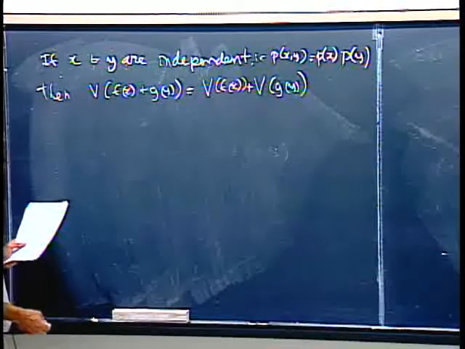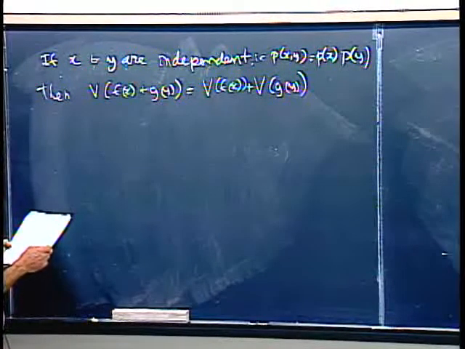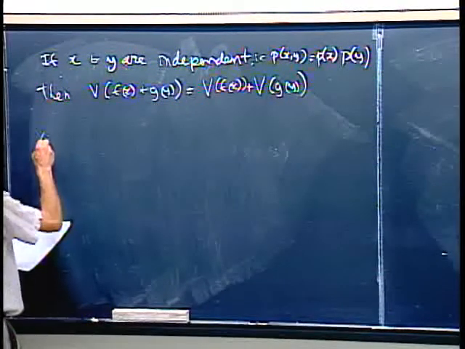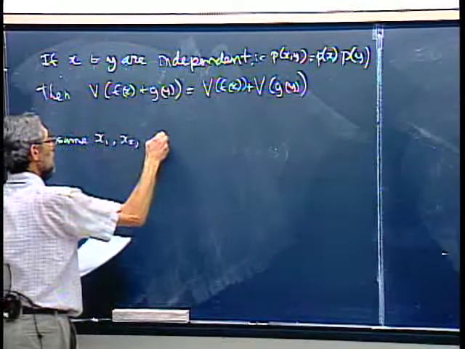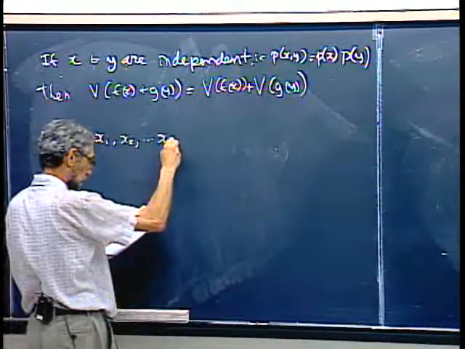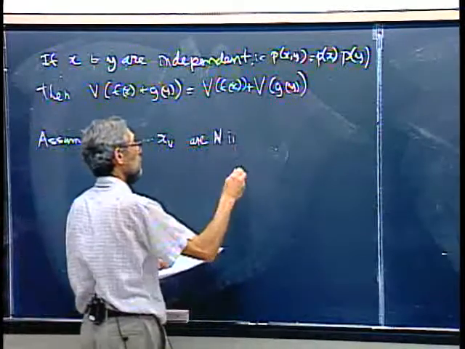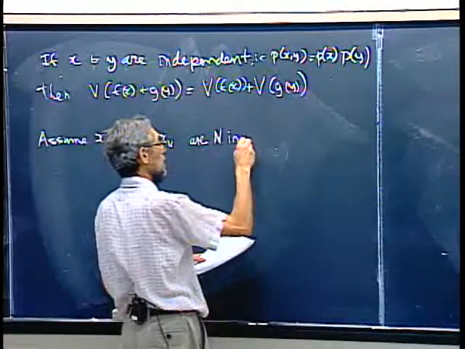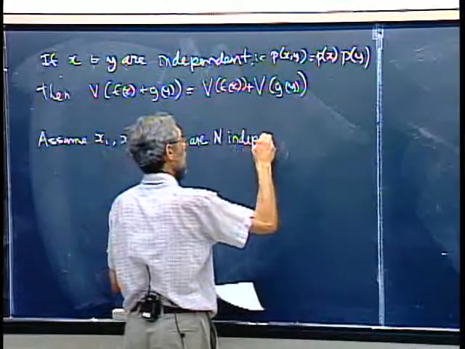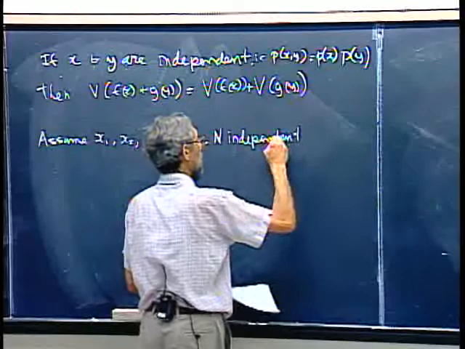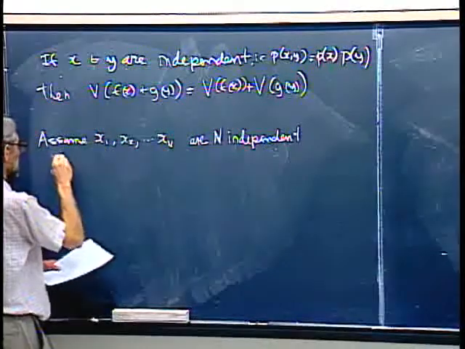Okay, so now let's look at a collection of independent, identically distributed random variables or functions. So I'm going to assume x1, x2, up to xN, where the book uses a capital N, are N independent random variables.